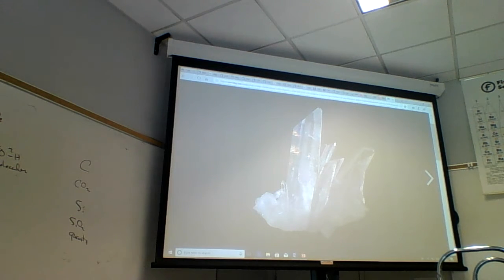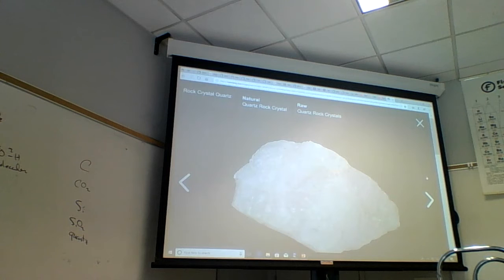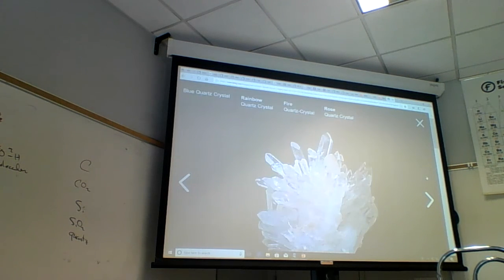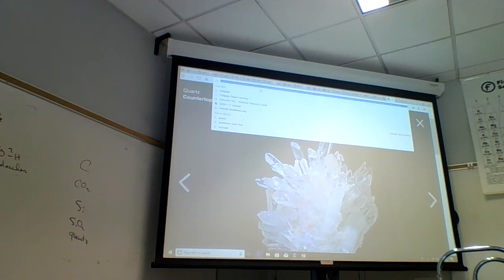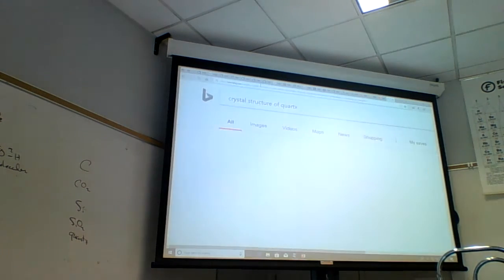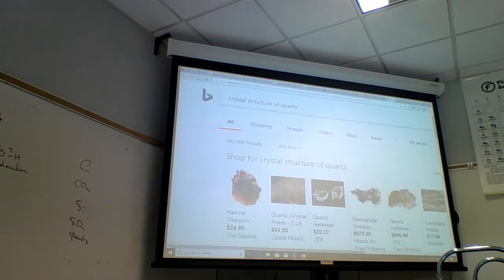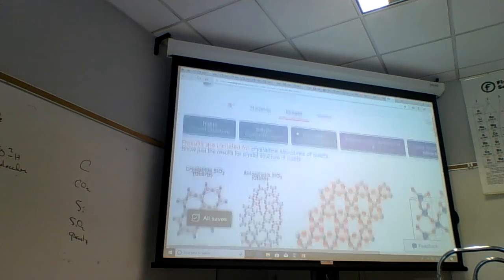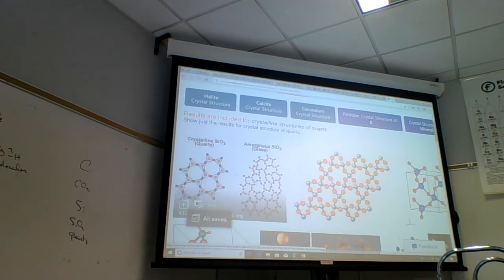Is dry ice very strong? No. Dry ice is easy to break apart. And that has to do with the structure. These are two types of quartz.